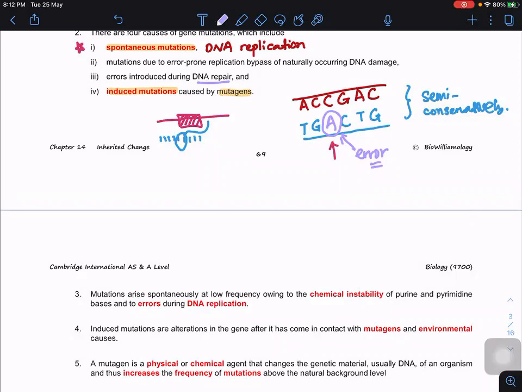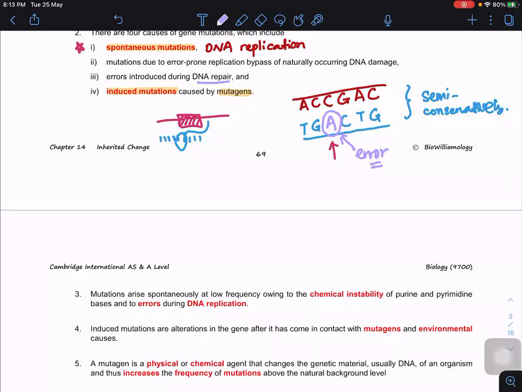And how high is this rate? It's so high that our body's DNA repair mechanism has no time or fails to repair this DNA mutation. So it means that this DNA is going to skip the checkpoint and continue to be replicated, or even until mitosis, be distributed to two different cells.